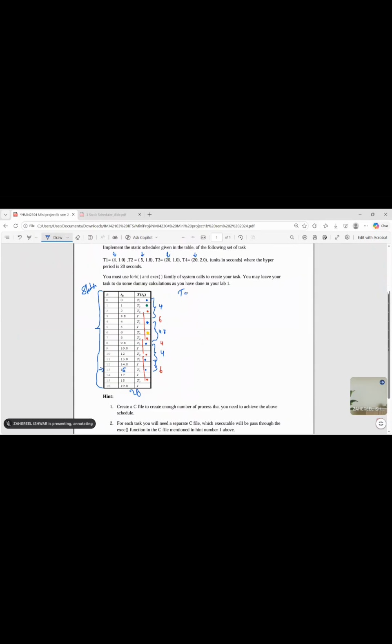T is defined by what? The 4 tuples, right? Here we only have 2. Now, for T1, the first job of T1 is executed at time equal to 0, its period is 4, its execution time is 1, its relative deadline is 4.